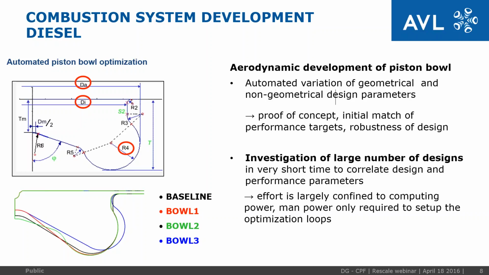So what we're doing here is automatic variation of geometry as well as non-geometrical parameters that go with it to come up with a proof of concept with initial match of performance targets and to make sure that the design is robust. We're facing a large number of designs which need to be performed in very short time, and we want to correlate design and performance parameters.